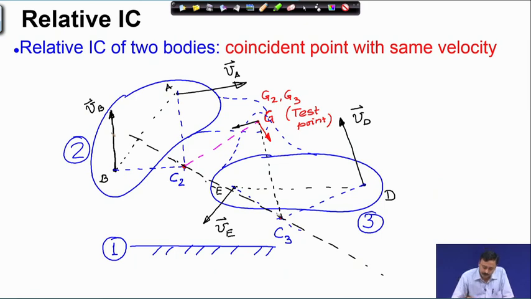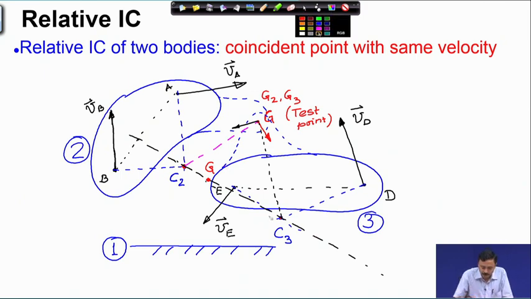Why? Because the velocity of a test point on this line, say this is now the new G, G2 and G3 are coincident.